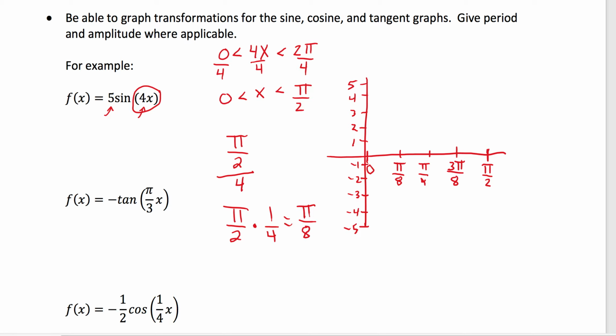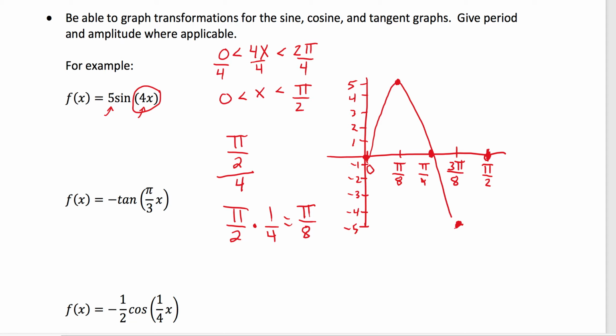We know that the sine function crosses the x-axis at the first, third, and fifth points, so I'm going to zero out those points. We know that the second point is normally at 1, but now with the amplitude change, it's going to be up at 5. And the fourth point is normally at -1, but with my amplitude stretch, it's going to be at -5. Once you have those points plotted, you can connect your graph.